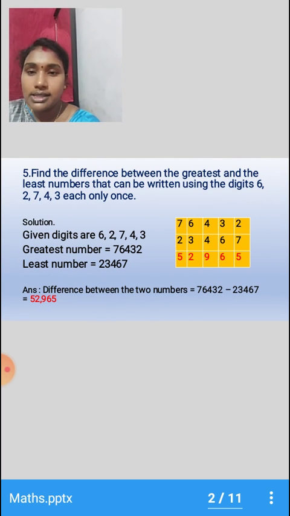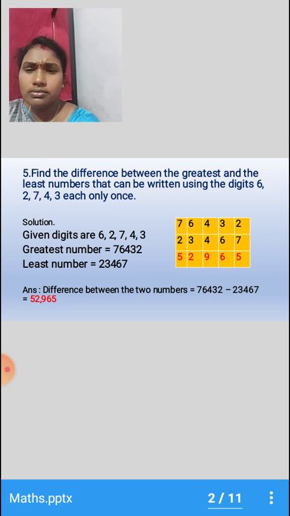The first sum is: find the difference between the greatest and the least numbers that can be written using the digits 6, 2, 7, 4, 3 each only once.